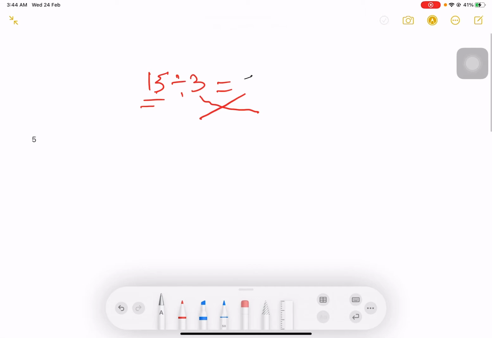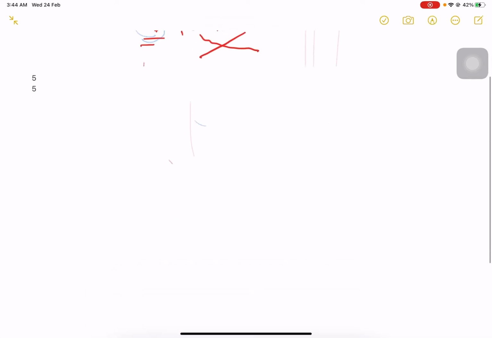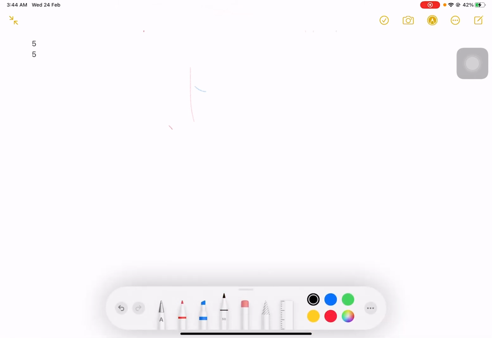Now, instead of having 5, if I have 15 divide 3, how much is the answer? 5.